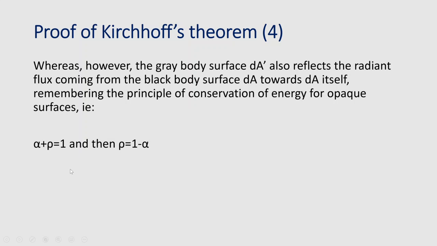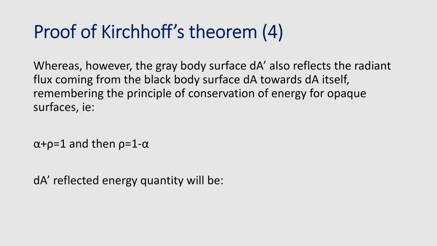So, considering that all these surfaces, the radiant cavity, dA and dA1, are opaque, the principle of energy conservation gives alpha plus rho equal to 1. Then, if we want to characterize rho, the reflection coefficient will be equal to 1 minus alpha, because we are not considering tau, since they are opaque bodies.